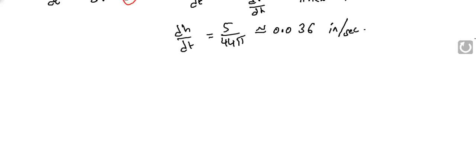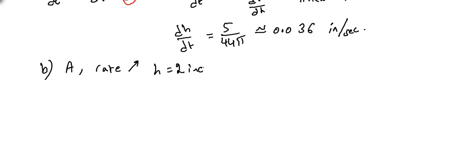We need to find the area of the top surface of water in terms of h, and deduce the rate at which this area increases when h is 2 inches deep, right?